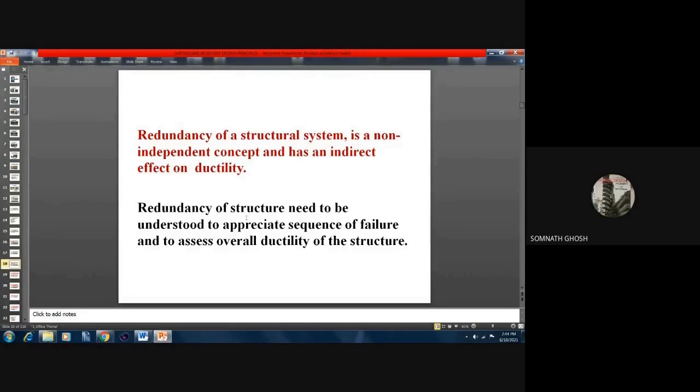Now, redundancy of the structural system is not an independent concept and has an indirect effect on ductility. Think about it. It's a very important topic in research still now, with very little contribution.